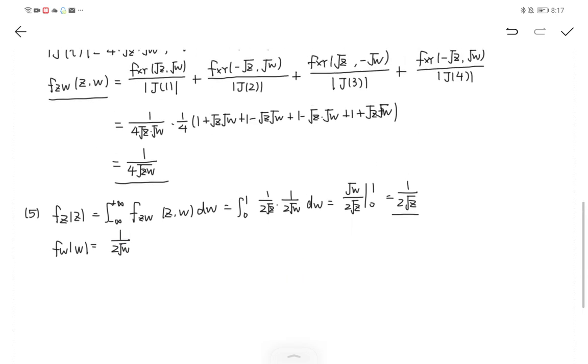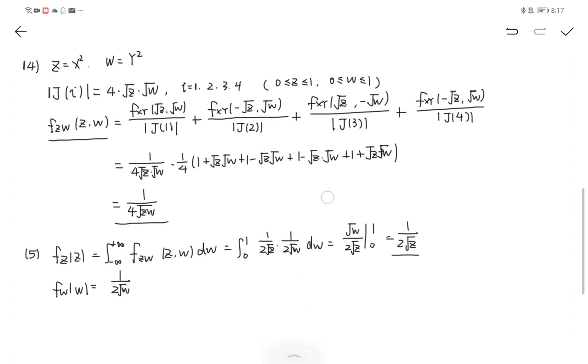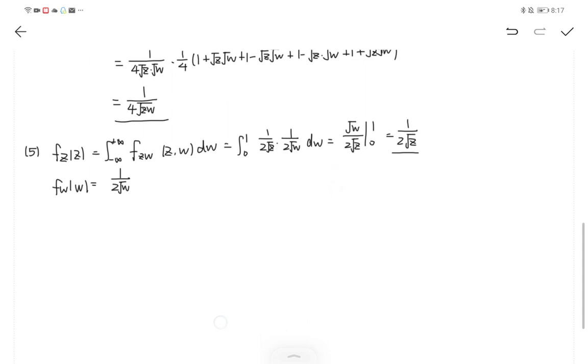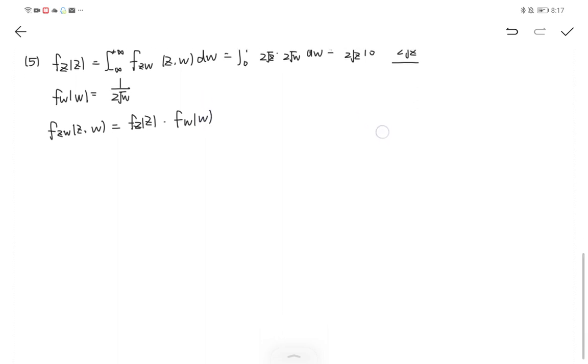So for the answer to question 4, we can get that the joint density of Z and W equals the density function of Z multiplied by the density function of W. So we can see Z and W are independent.